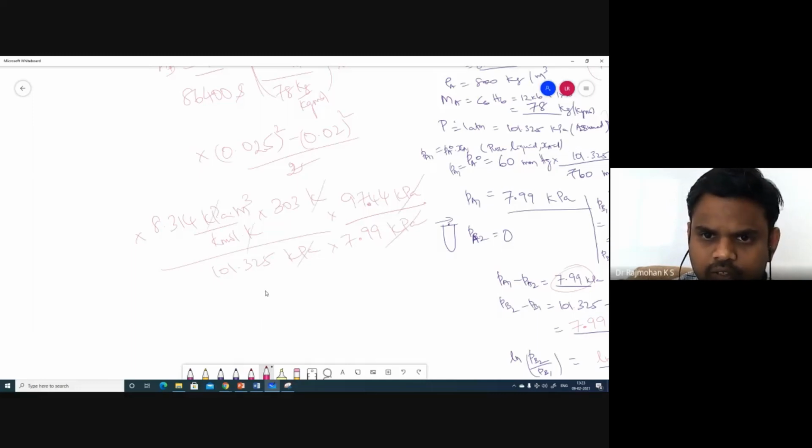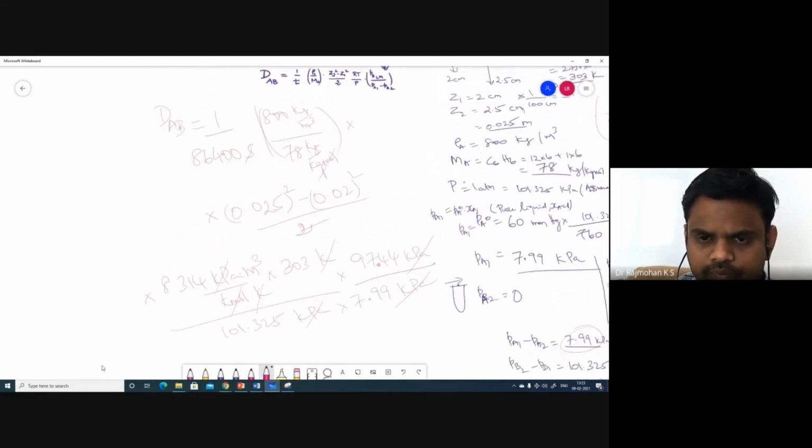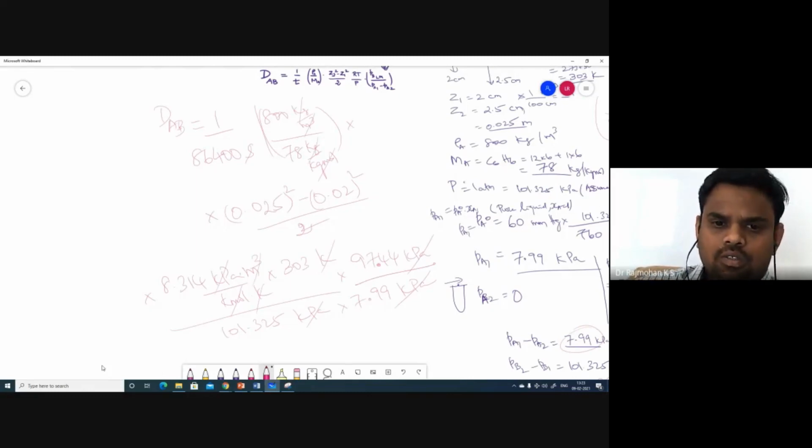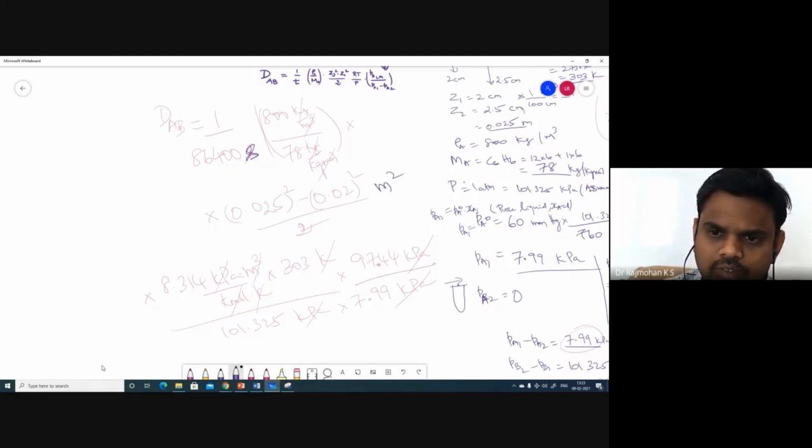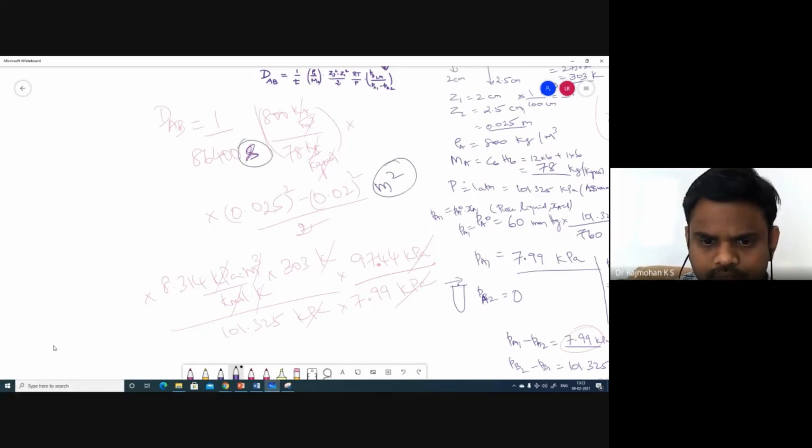Check the unit tally. Kelvin, Kelvin, kg mole, kg mole, kg, kg, meter cube, meter cube. So we have the second here, and then 1 meter square will be this meter square. So we have meter square and second left out, which means we have substituted everything correctly.